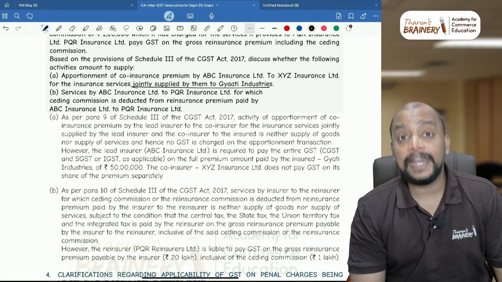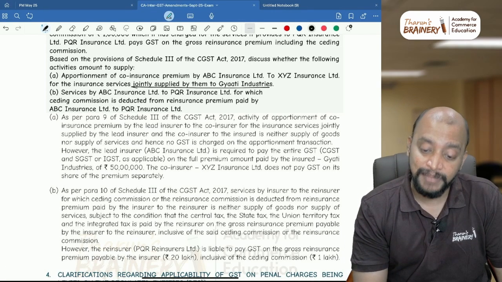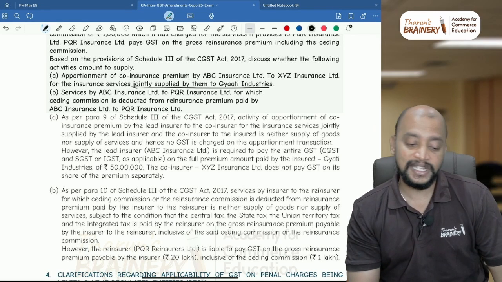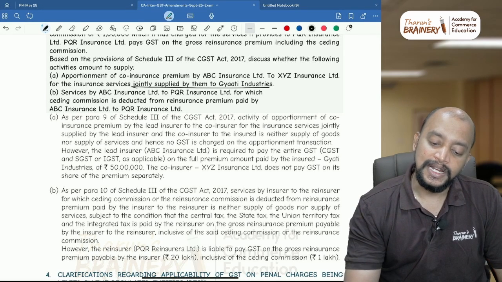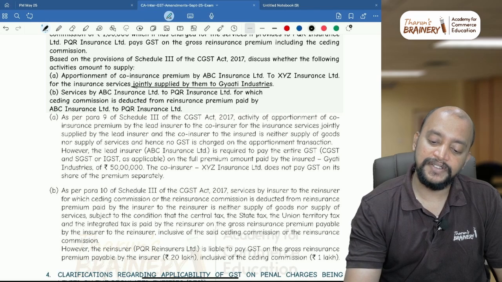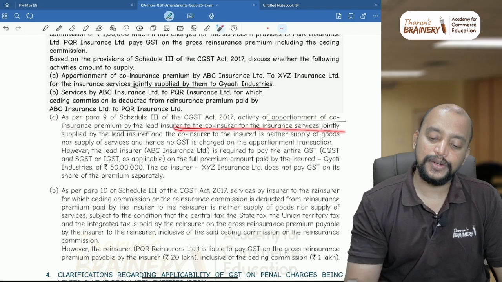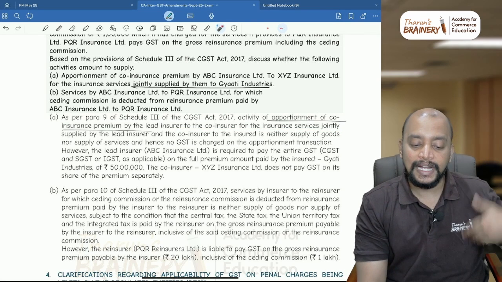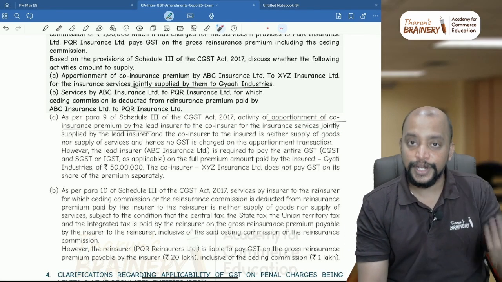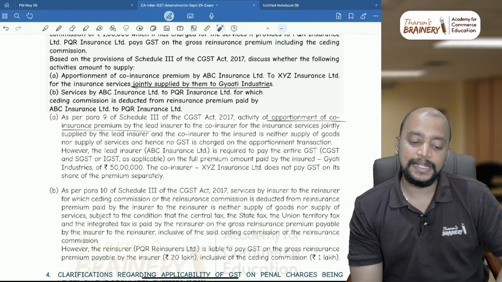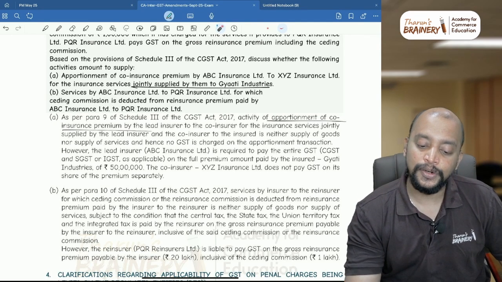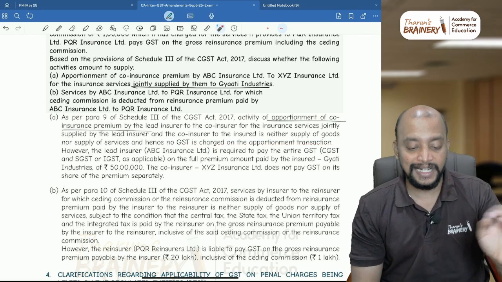That is the share of premium received by ABC from XYZ. So, the insurance activity of apportionment of co-insurance premium by the lead insurer to the co-insurer for insurance service jointly supplied by the lead insurer and the co-insurer to the insured is neither supply of goods nor supply of service, and no GST is charged on the apportionment transaction.